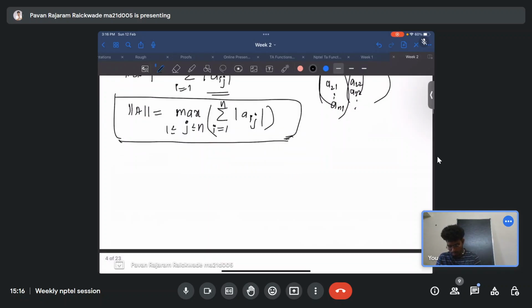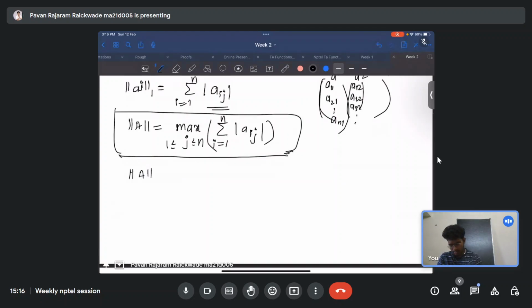So norm of A is the supremum of norm of AX in the one norm, where norm x equals 1. We are taking the supremum over all such x from Rn. For example, take x to be E1.